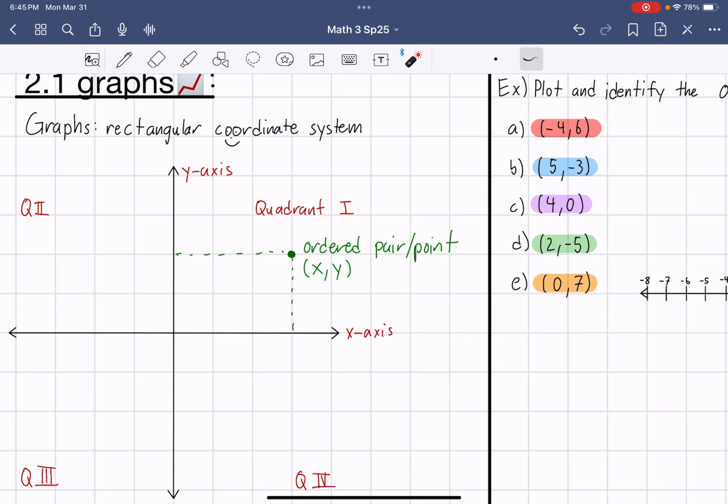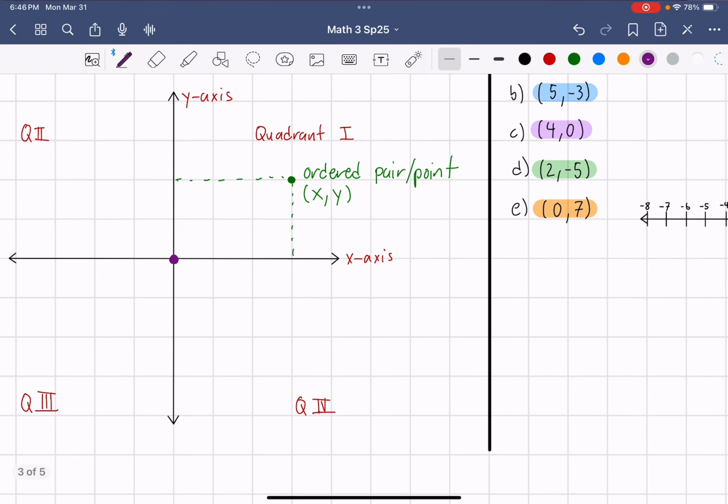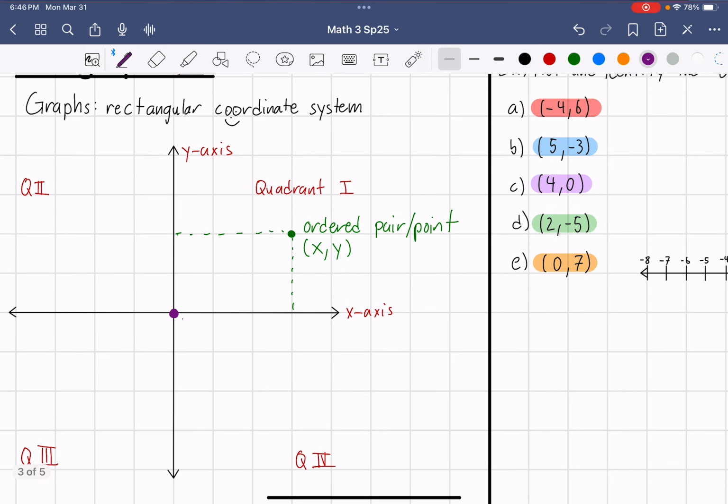Now, there's an infinite amount of points that are on this coordinate system. And there's some that have very specific names. For example, at the intersection of this x and y axis is where you have the coordinate 0 for x and 0 for y.